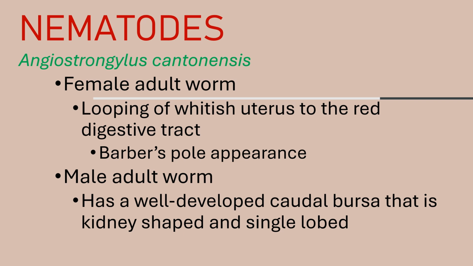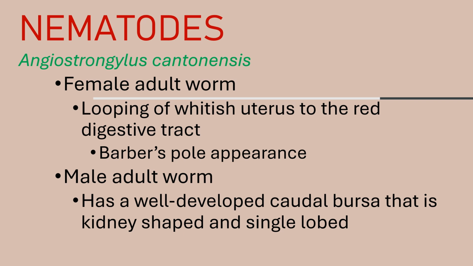Here you have the female adult worm. Please note that the female adult worm has a looping of the whitish uterus around the red digestive tract. The milky white uterine tubules are spirally wound around the blood-filled intestine and can be seen through the transparent cuticle as a barber's pole pattern.